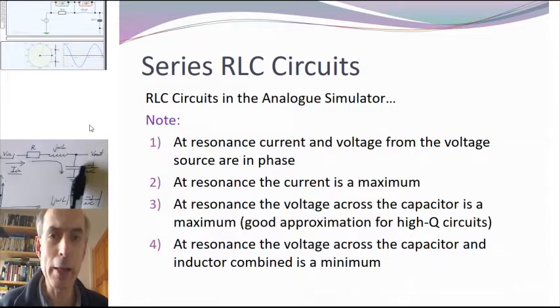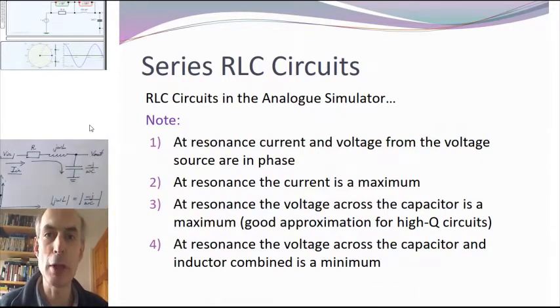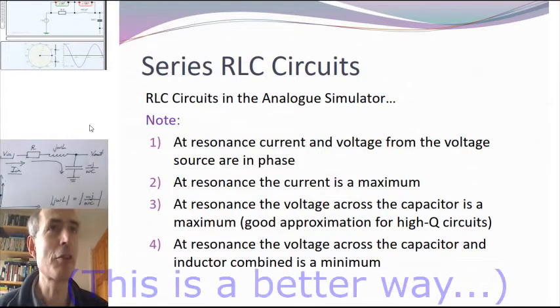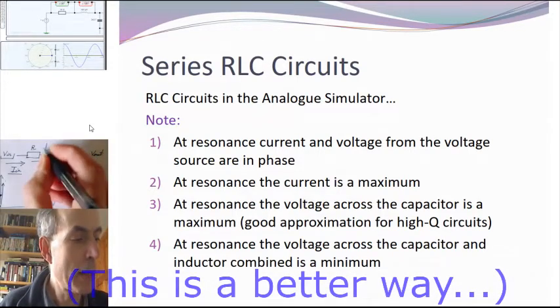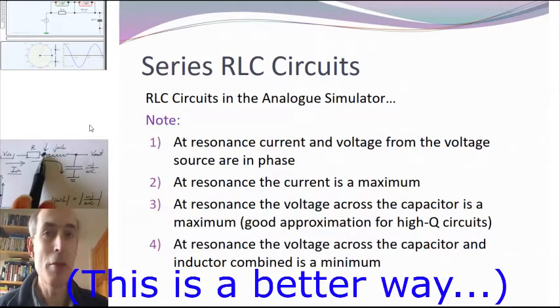So that's a good way of determining whether you are at the resonant frequency in the lab. Change the frequency until the output voltage across that capacitor is at a maximum. Another way to do it is to measure the voltage across the capacitor and the inductor. So the voltage at this point here in the circuit. Because there, the output voltage should be a minimum.